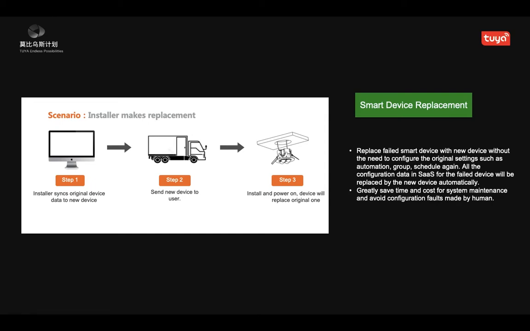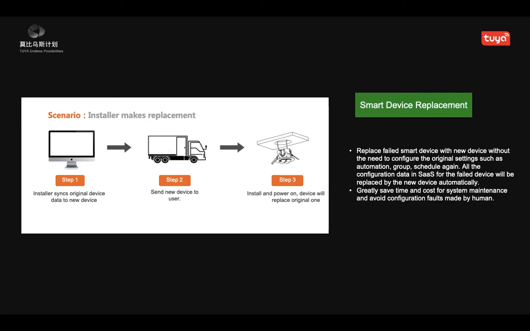This is smart device replacement. For example, normally in a smart system, you already make a lot of configurations such as groups, schedules, and scenarios. If a device fails, you need to replace it with a new one, and you will need to do all the above configurations all over again. This will take a lot of time, and during this time, the final users will be affected.